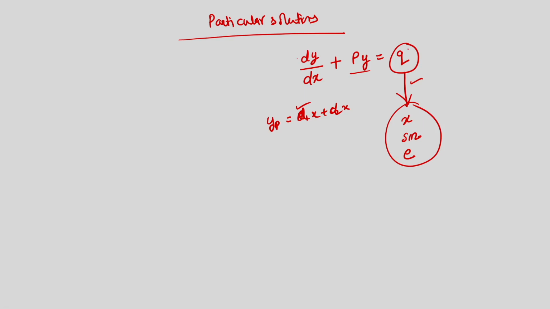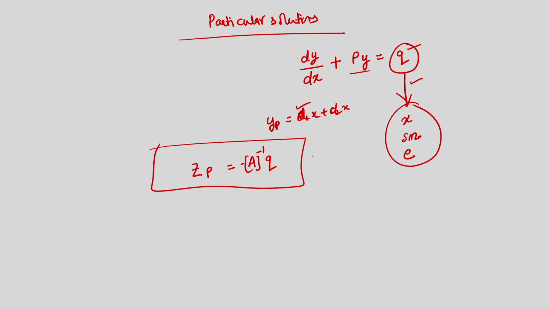So, in the same way, if our loading is uniform, UDL loading, for that case ZP will be minus A inverse Q. That is for the case of a UDL load. But if the load is something else, we have to evaluate the particular solution.